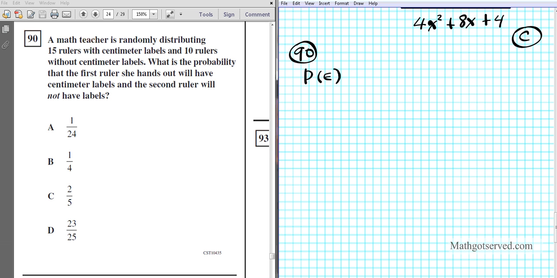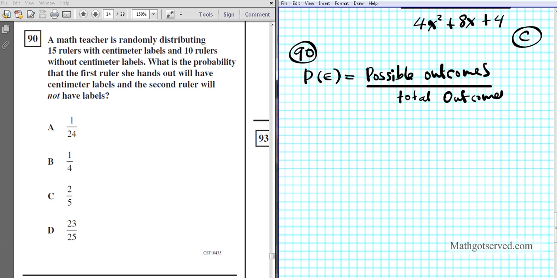Probability of an event is possible outcomes divided by total outcomes, success plus failure, everything together, okay, possible outcomes divided by total outcomes.